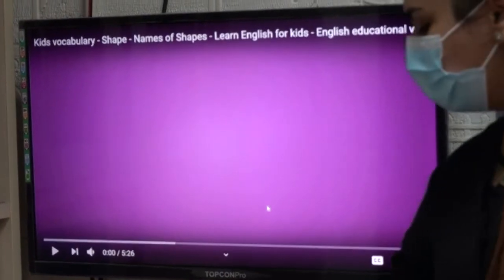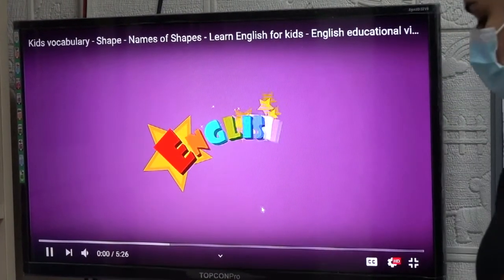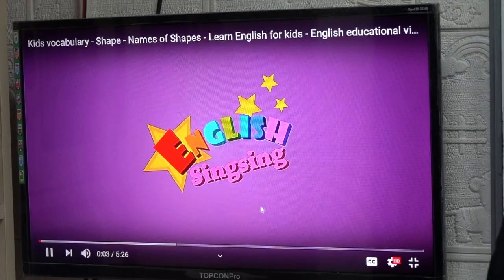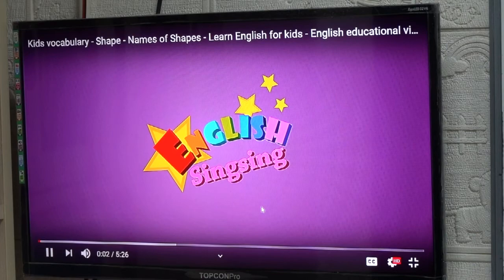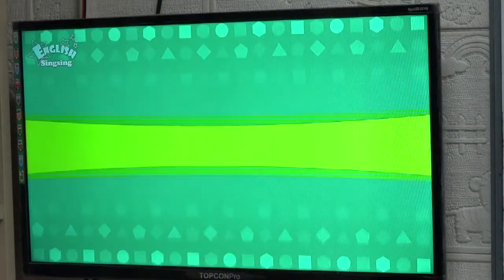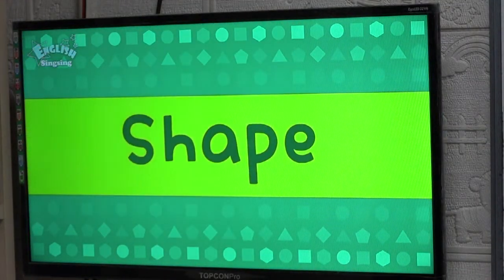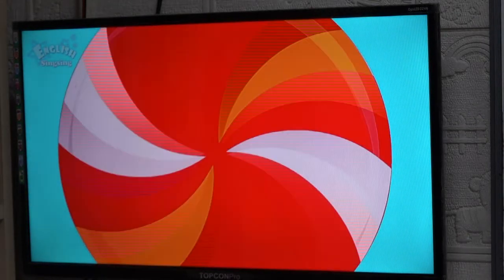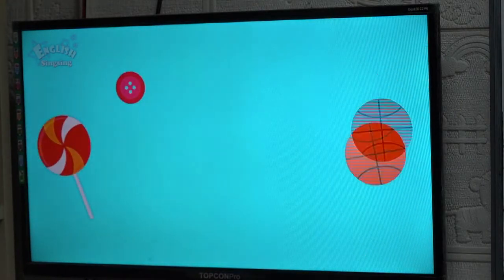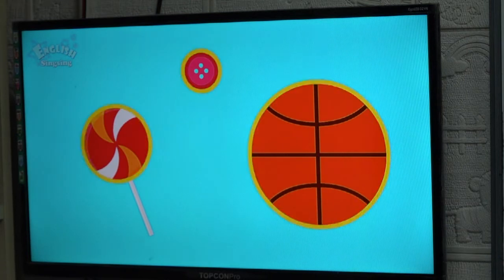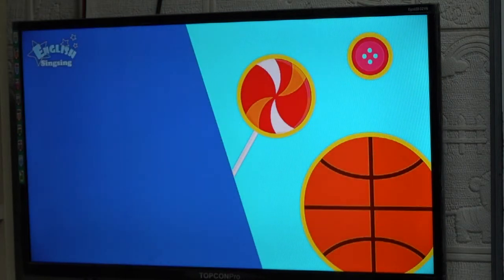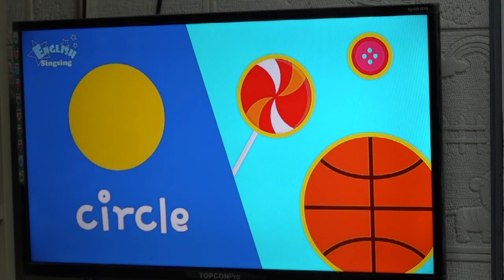Okay, so here it is. Shape. These shapes are circles. Circle, circle, circle, the most common one.